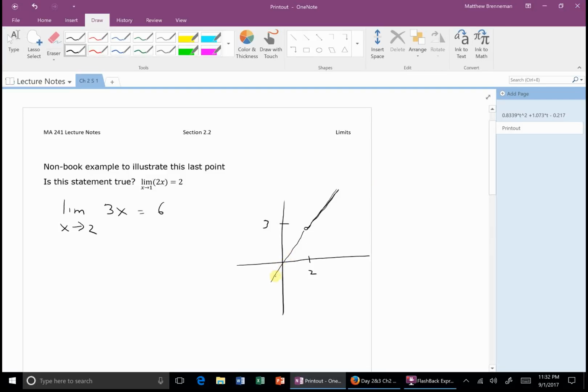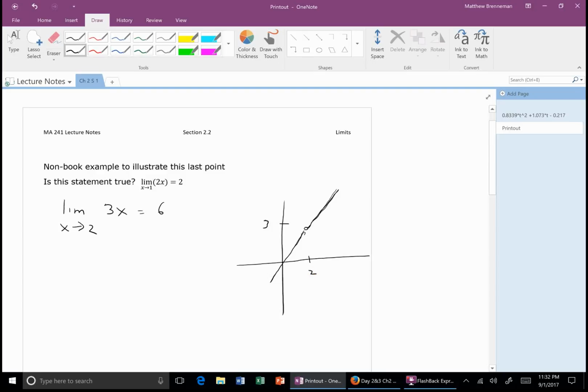And by the same token, the car approaching from the left: as its x-coordinate approaches 2, its y-coordinate approaches 3. So both of these cars are approaching the point (2, 3).